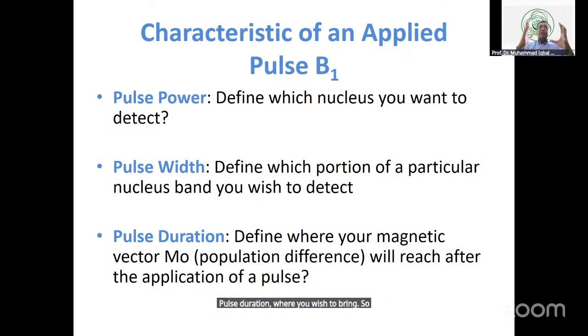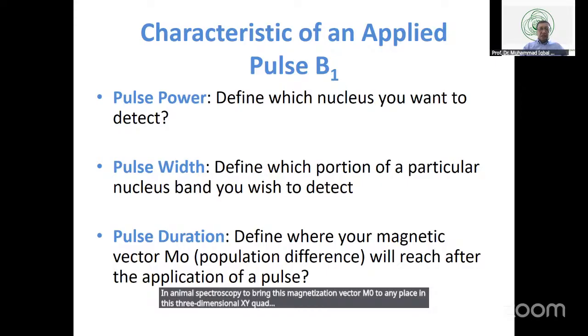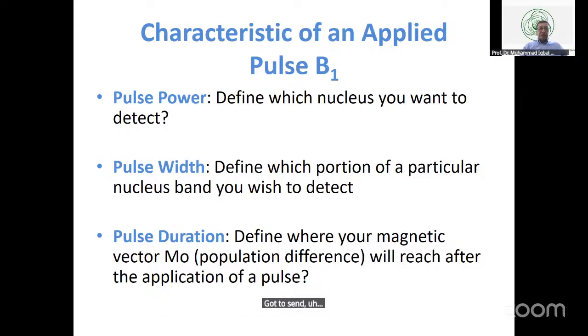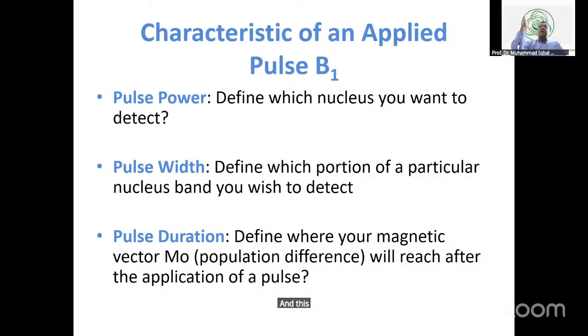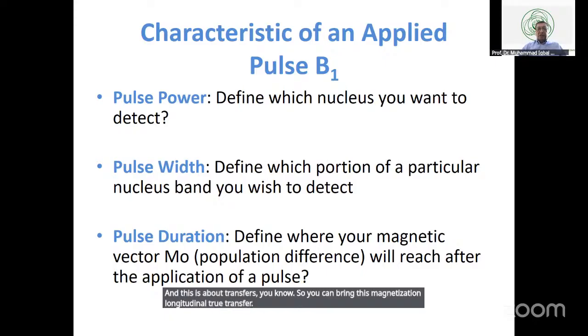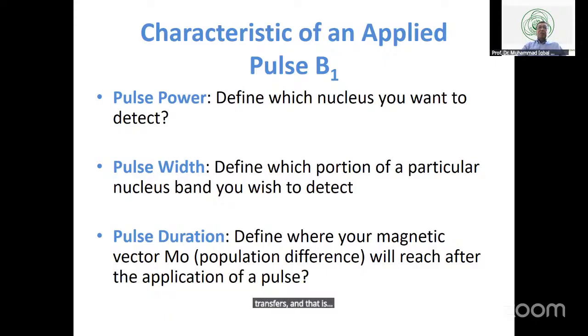So you have this tremendous capacity in NMR spectroscopy to bring this magnetization vector M0 to any place in this three-dimensional XYZ Cartesian system. You can bring it to XY, to minus XY, to minus Z, to Y, to minus Y. It's called longitudinal, and this is called transverse. So you can bring this magnetization from longitudinal to transverse.